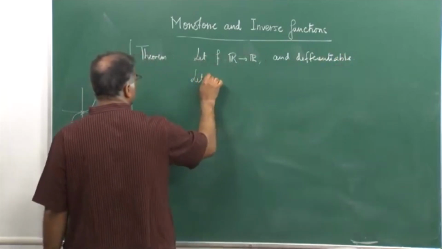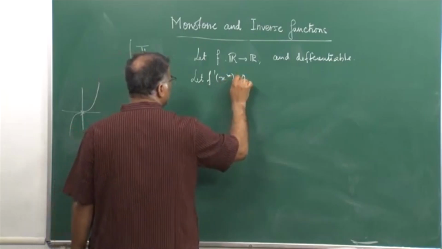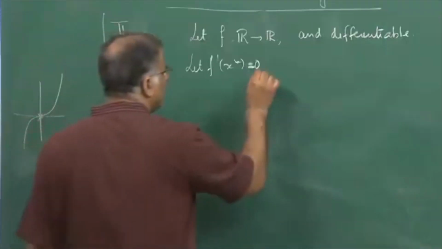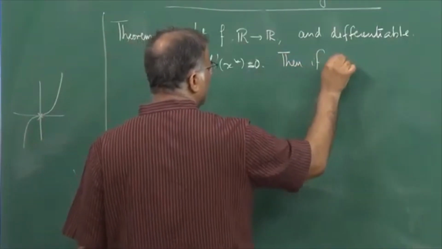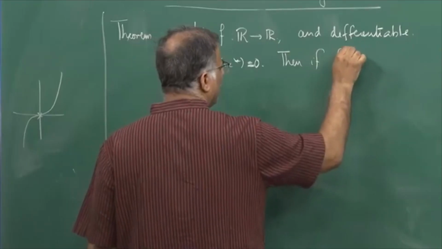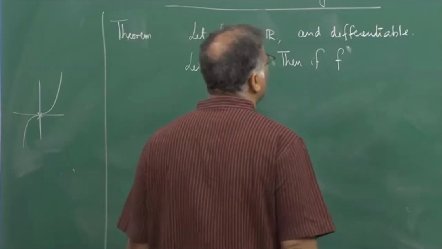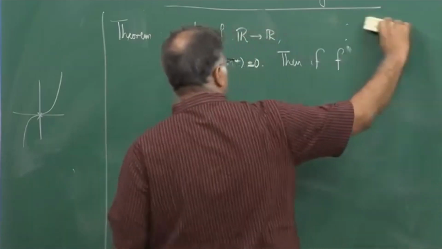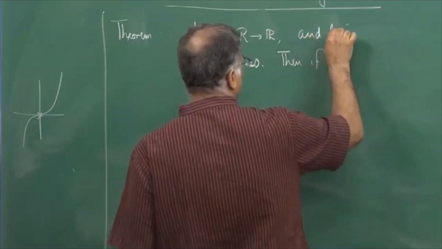Let f'(x*) = 0. So x* is a critical point. Then, maybe I should write, f is twice continuously differentiable.